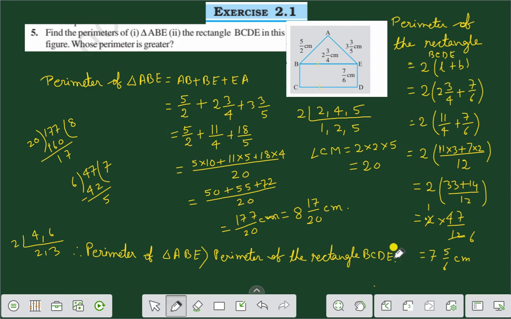Right? Therefore, the answer is that the perimeter of the triangle ABE is greater than the perimeter of the rectangle BCDE.